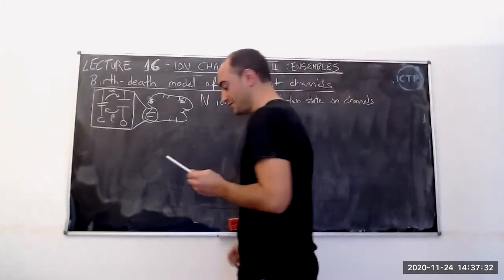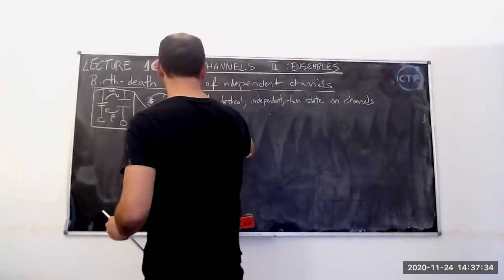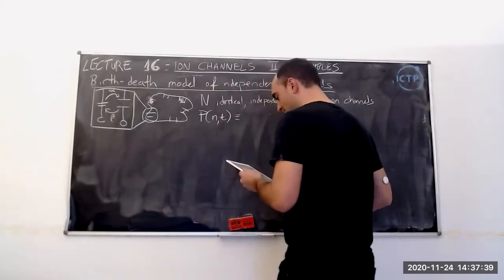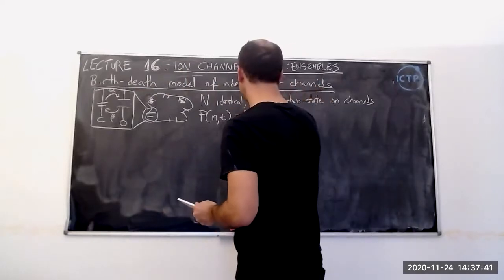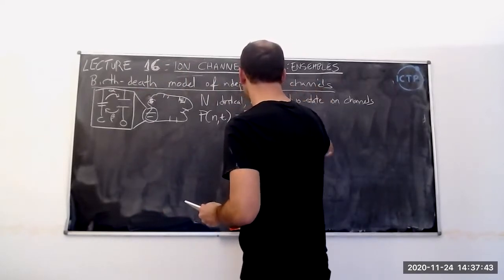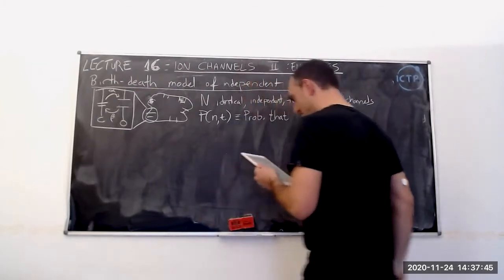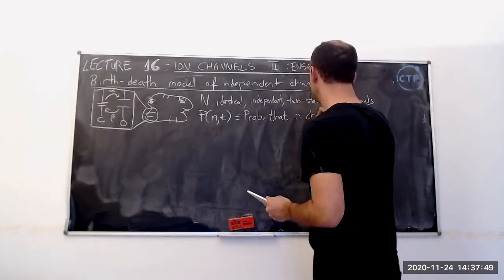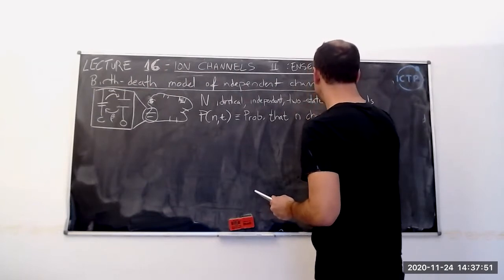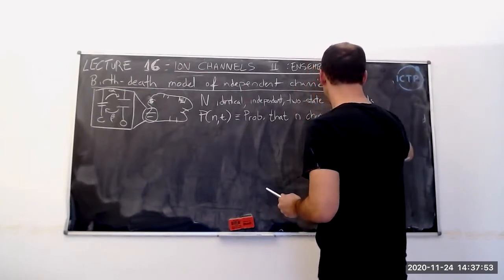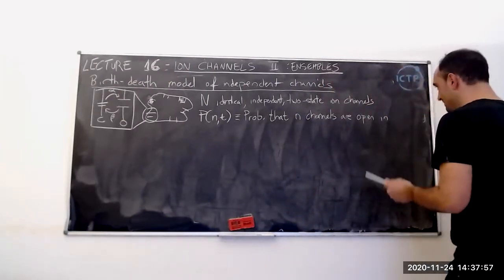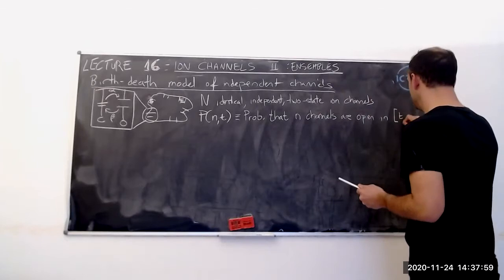Because now we can discuss what is P of n, t, which will be what is the probability that n channels are open in the interval t plus dt.